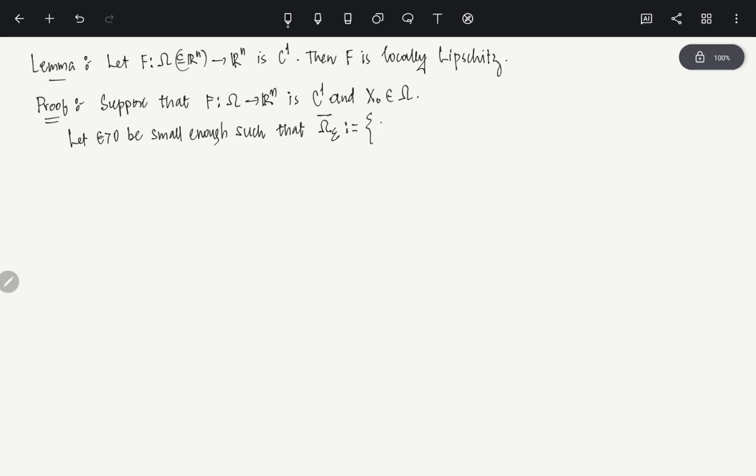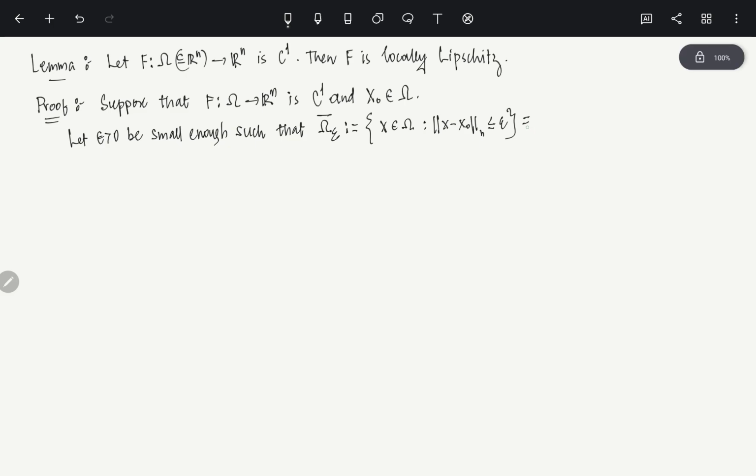This is the set of all those x in omega such that the norm of x minus x naught, this is in R^n, is less than or equal to epsilon. Clear? Okay.